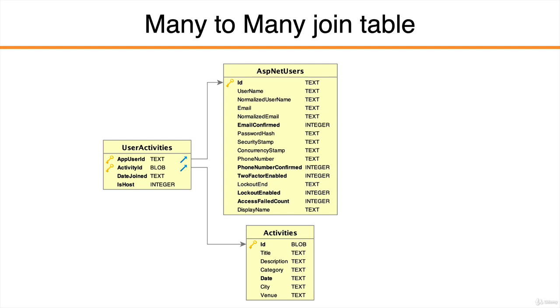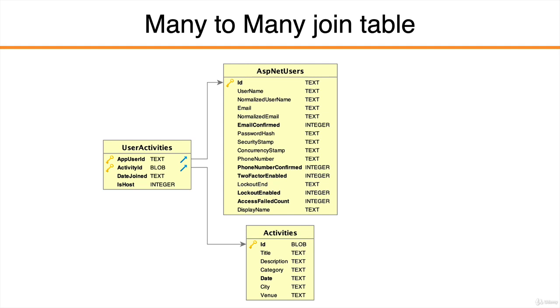Now, this diagram shows an example of the reason for possibly creating our own join table rather than relying on conventions, and we will take a look at the Entity Framework conventions to do this for us. But by creating our own join table, we can add additional properties for things we might want to track that are not easy to track in either our users table or our activities table.